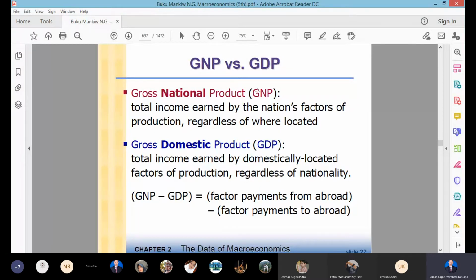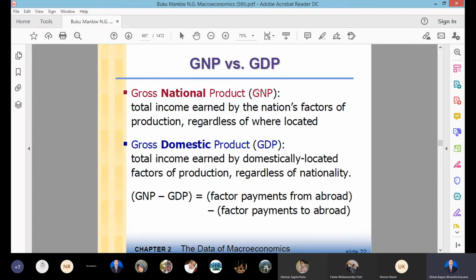And also, Brother Demas, perhaps you're working in another country outside Indonesia and you earn income from your workplace, and your income there is recorded as GNP. So whatever income Indonesian citizens get from any place in other parts of the world, not only in Indonesia, is counted as GNP.